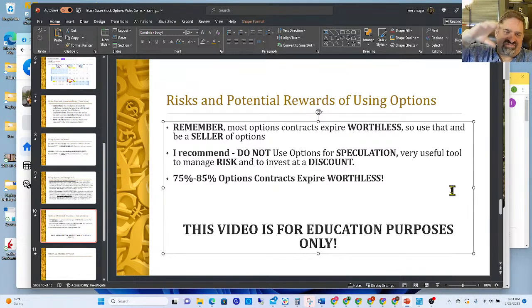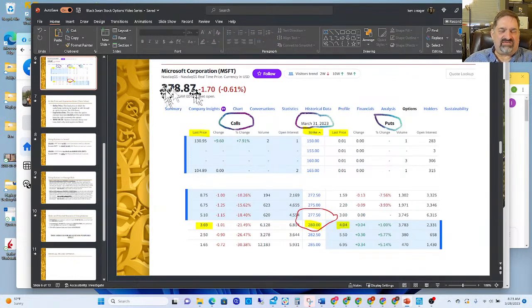And remember, options are leverage. They control 100 shares of the underlying stock. And so if there's a big price movement, let's go back to Microsoft. Say Microsoft doubled to almost $500. And you own this call option that you paid $3.69 for per share, for 100 shares. That's $369.